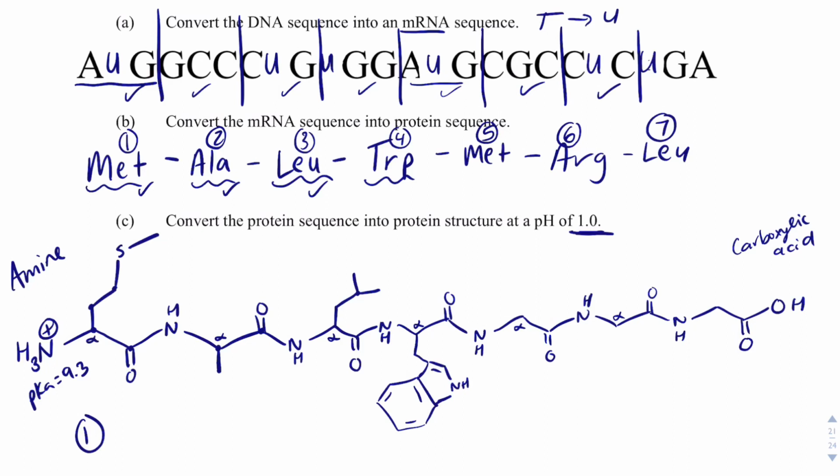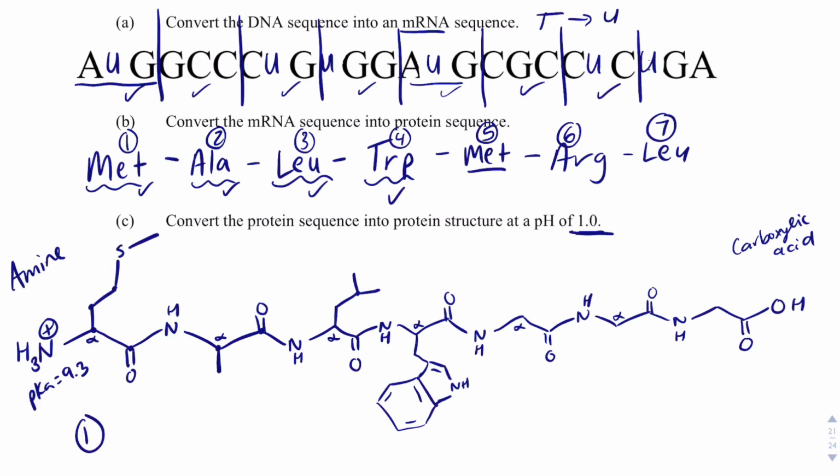For tryptophan, we don't need to worry about the carboxyl or the amino group because it's not at the end. It's in the middle of our chain. But we've got to check tryptophan to see if it has a side chain pKa, and it does not. Okay, so we're good on this one. That makes sense. This NH group is going to have a pKa of 38. You're not getting an amino acid at a pH around 38. Okay, so we've done tryptophan.